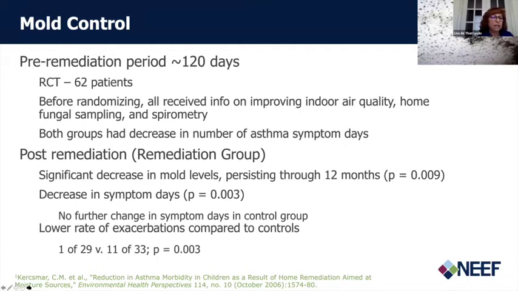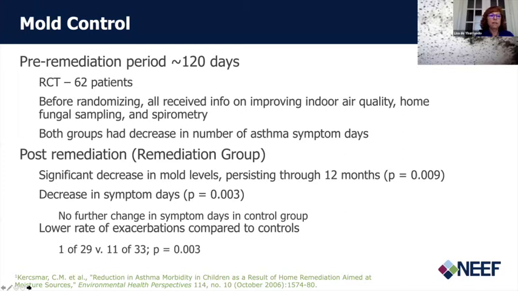Okay, so let's look at the study looking at mold control. It was a randomized controlled trial in children with persistent asthma, 2 to 17 years of age. Before randomization, all children received information on improving indoor air quality, home fungal sampling, spirometry, and were put on appropriate medications depending on the severity of their asthma.